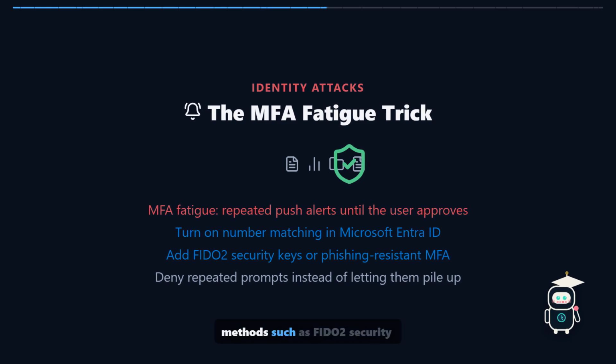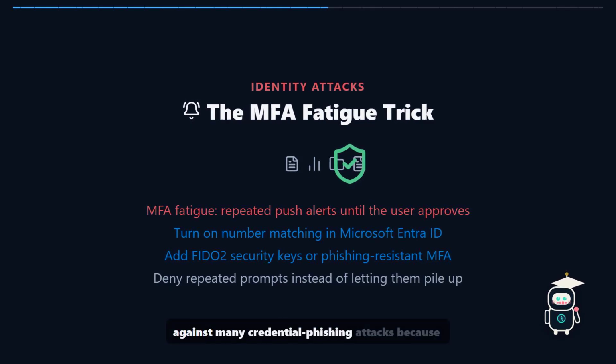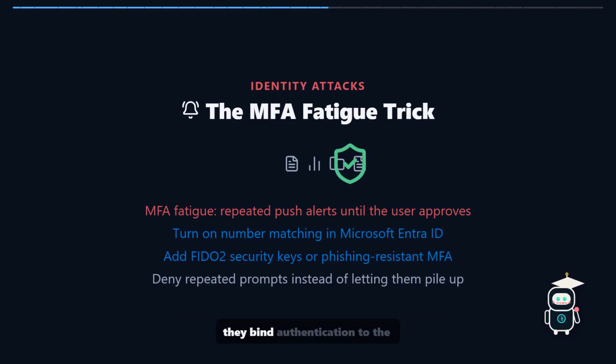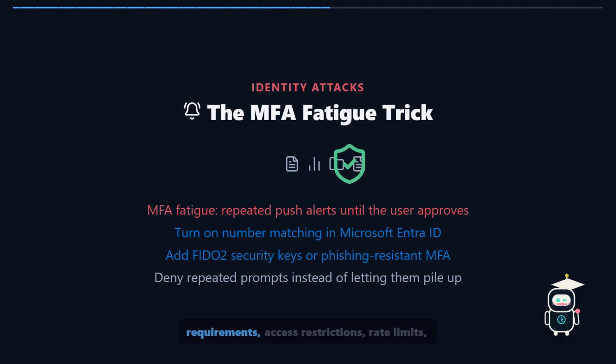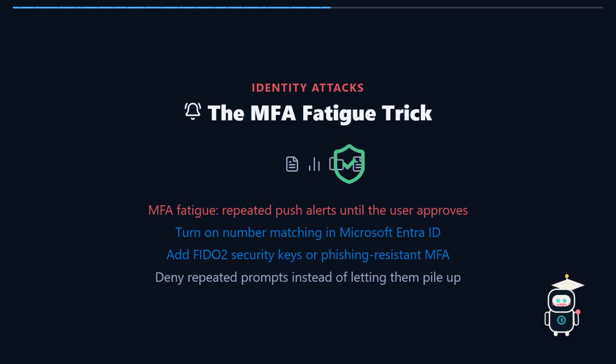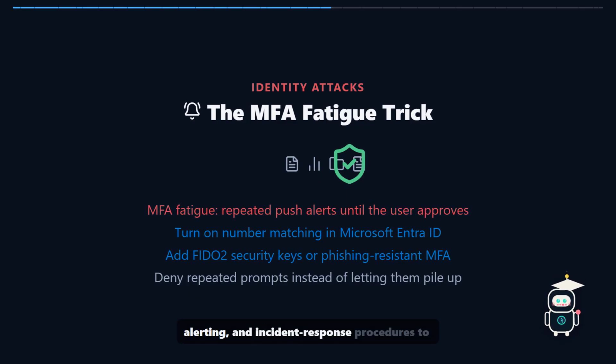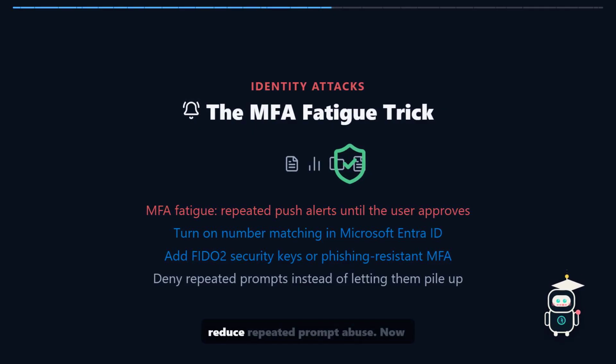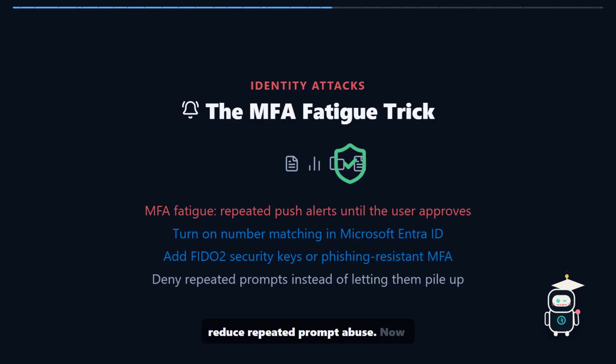Phishing-resistant methods, such as FIDO2 security keys, can provide stronger protection against many credential phishing attacks because they bind authentication to the legitimate service. Organizations can also use sign-in risk policies, device requirements, access restrictions, rate limits, alerting, and incident response procedures to reduce repeated prompt abuse.